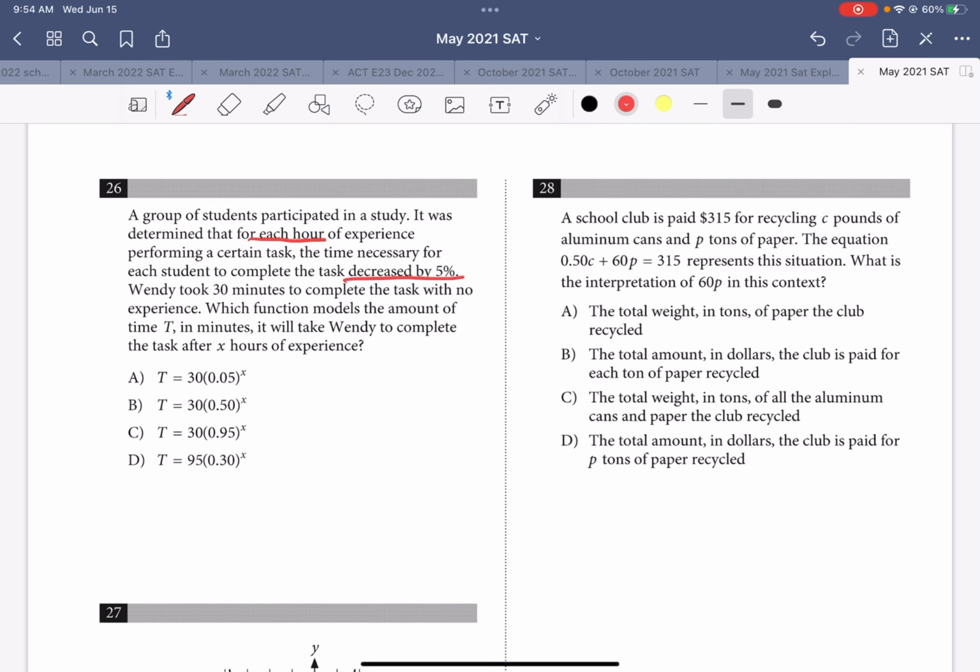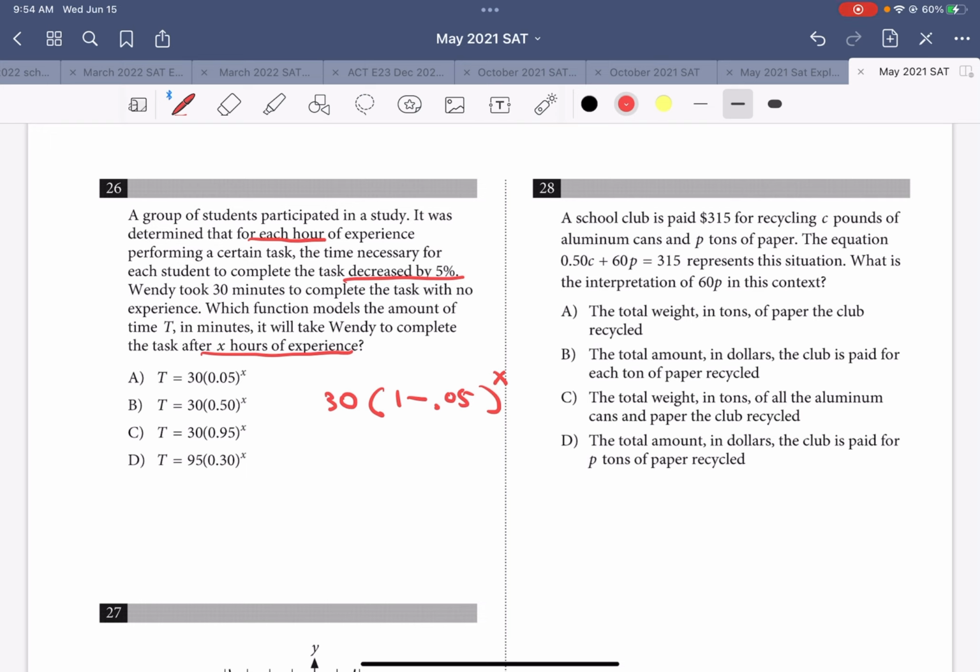Which function models the amount of time t in minutes it will take Wendy to complete the task after x hours of experience? So without any experience, it took 30 minutes. But now 1 minus 5% decrease, so 0.05, to the power of x, because each hour it will decrease by 5%.